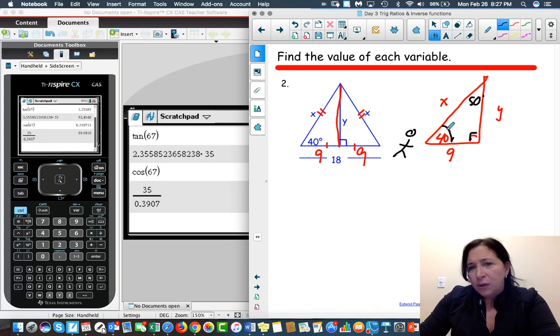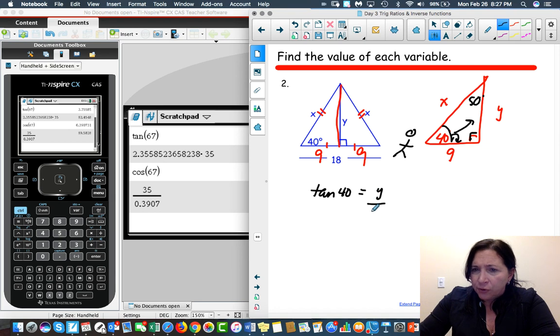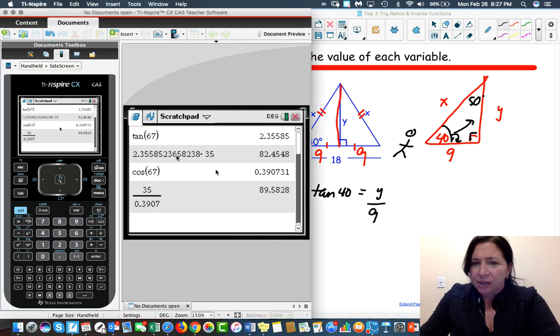So now in order to find y, I'm going to use opposite over adjacent. So I'm going to say tangent of 40 degrees is equal to the opposite side over the adjacent. So now I have to go back to my calculator and figure out what tangent of 40 degrees is.